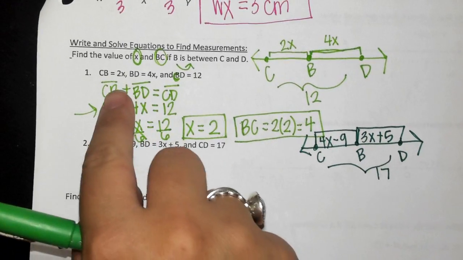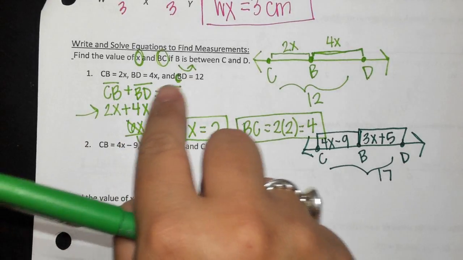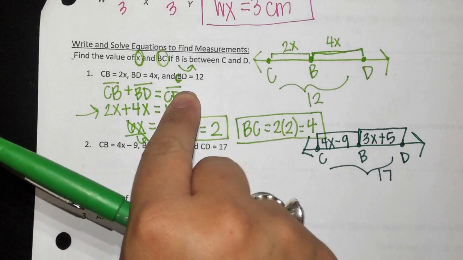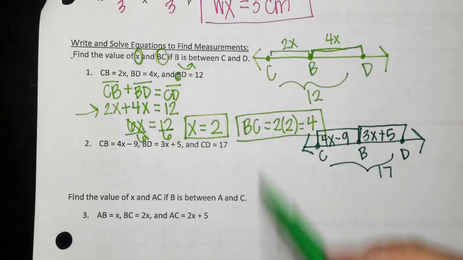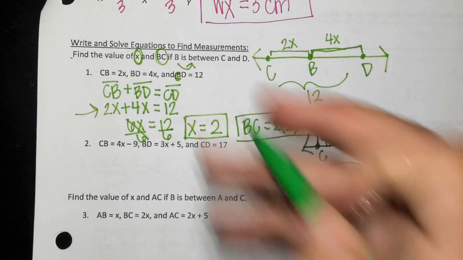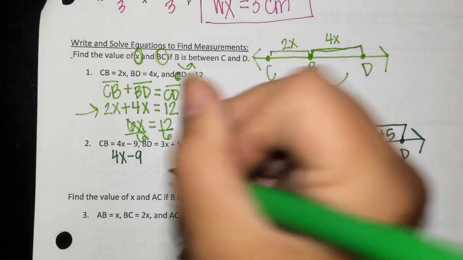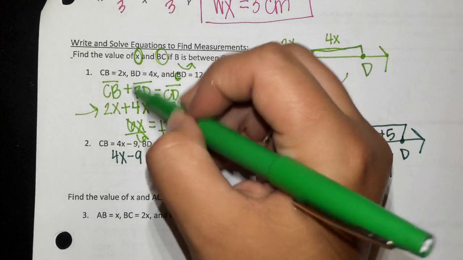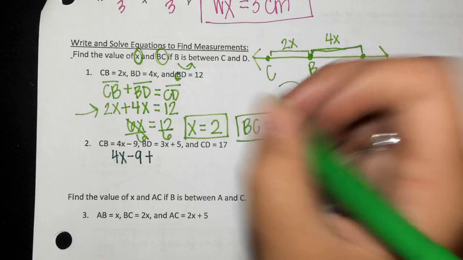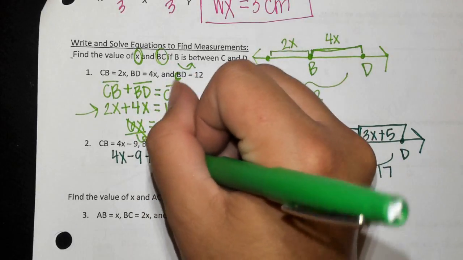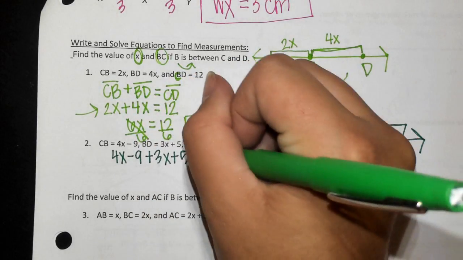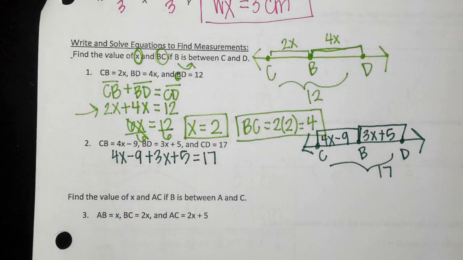So we already wrote our formula up here. I'm not going to make you write it again, but plug those in. So CB is first, so I'm going to write 4x minus 9 plus BD is next. So I'm going to write 3x plus 5. And it all equals 17.